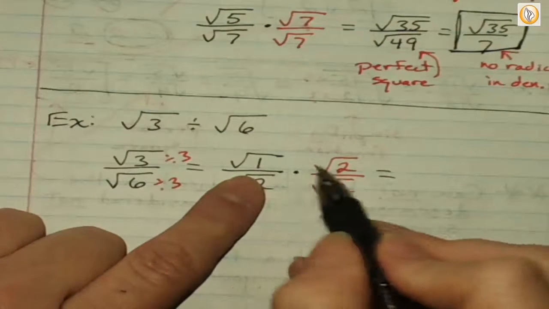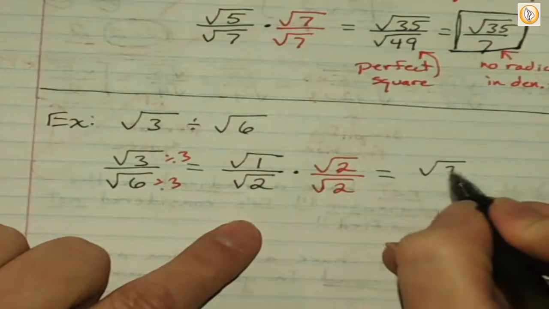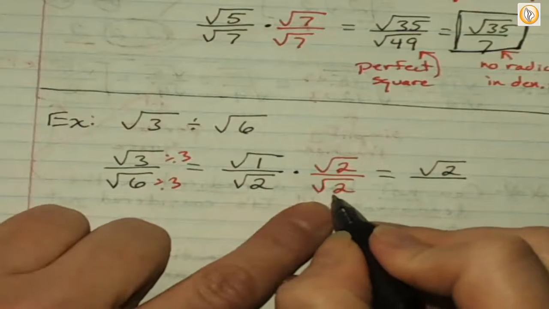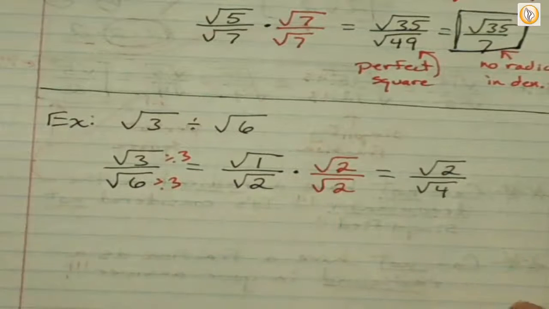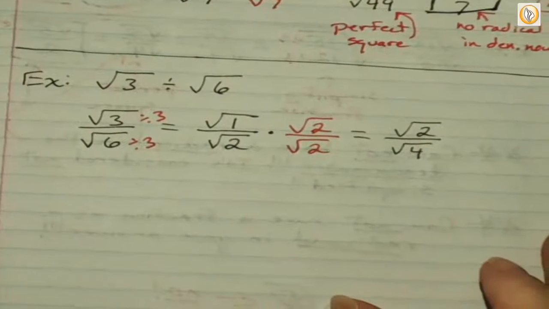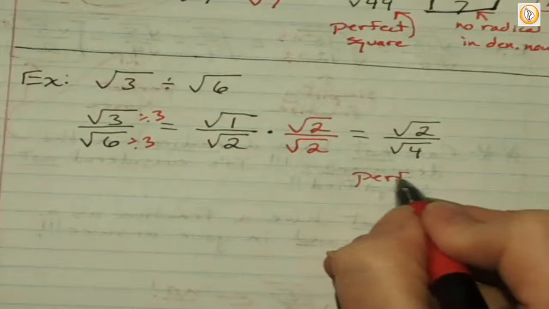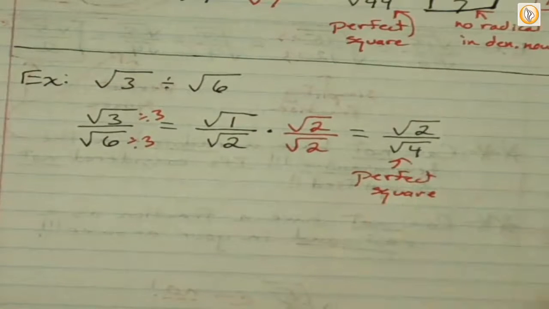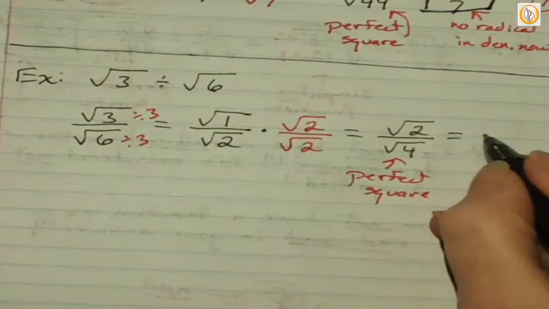What is the square root of 1 times square root of 2? Square root of 2. Square root of 2 times square root of 2 is? Square root of 4. Cecilia, do you see anything weird here? 4 again. We have a perfect square. So, Cecilia, what is the square root of 4?